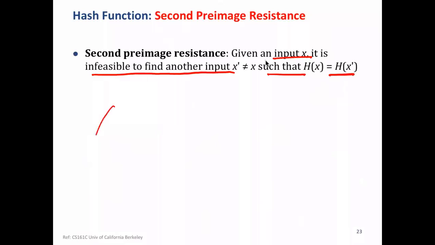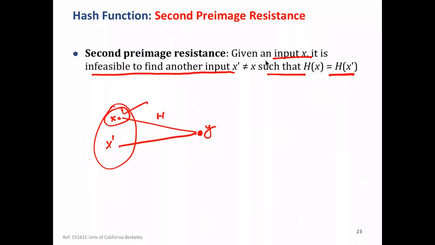It means that given a value of x, and h is known, this maps into, say, y. Now you have to find x dash that also maps to y. So what is given? x is given, h is given.